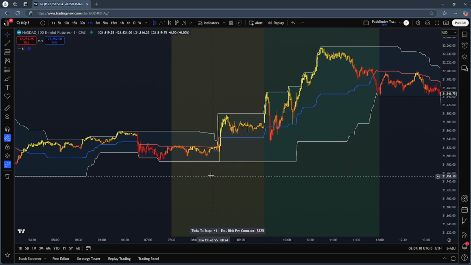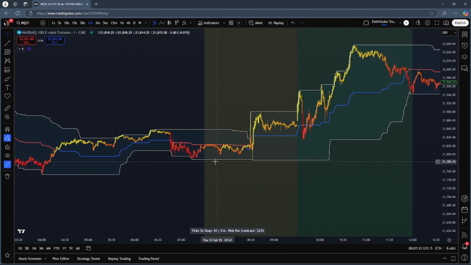So visually we can just identify these, see where they are, and then it's very simple to make alerts. For example, if I wanted to make an alert to know when price broke out of the zone, I would just come on my TradingView chart, come over here to the plus sign, make sure my mouse is at the level where I want to see the alert, click the plus sign, add an alert, and it'll set an alert right there, just like that.